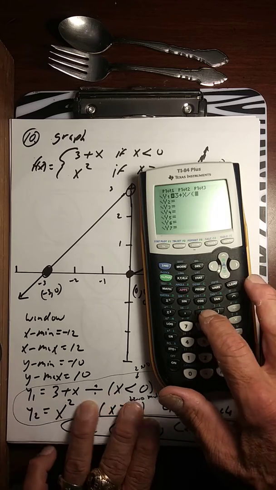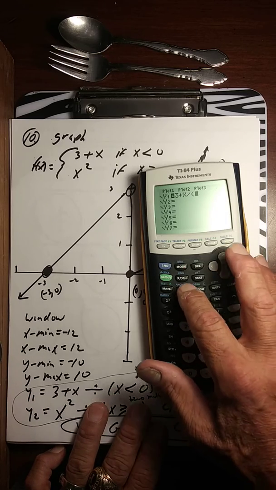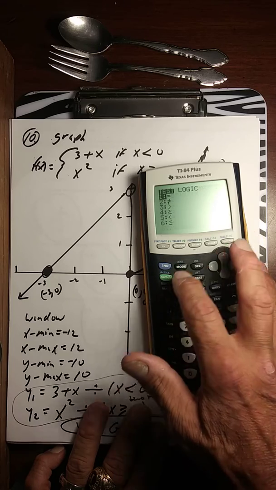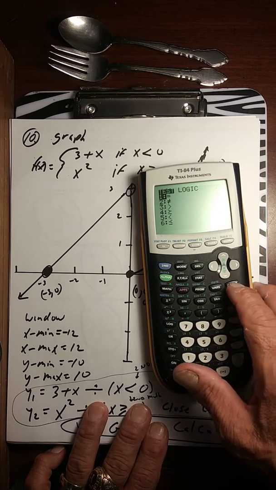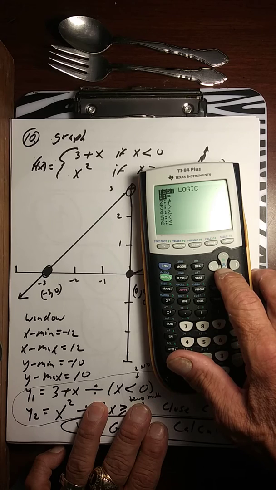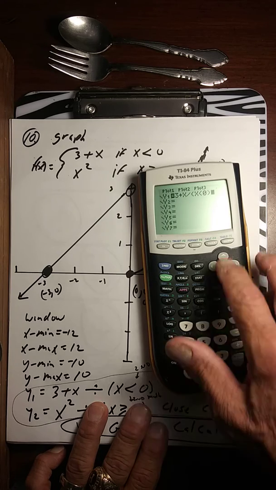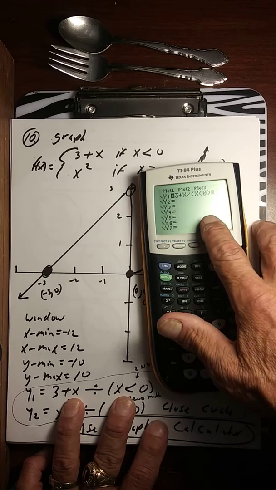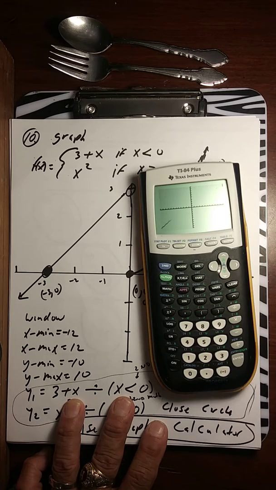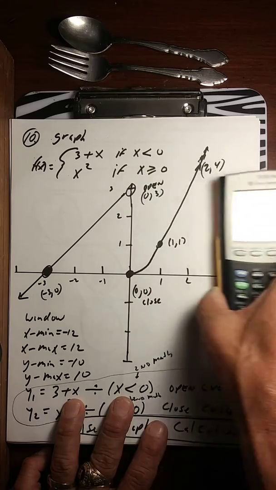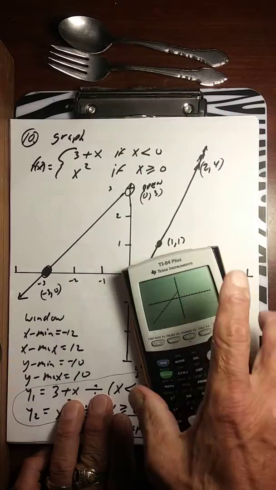And the limits are x, then second math gives us the logic, less than, right there, and 0. So 3 plus x, where x is less than 0. Graph this part. Okay, so we got some of the graph, this part right here.